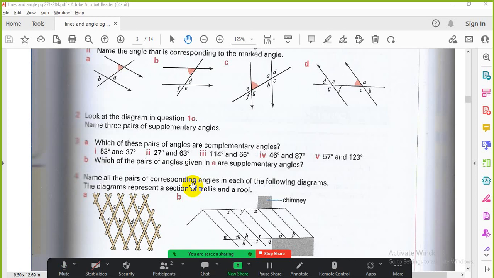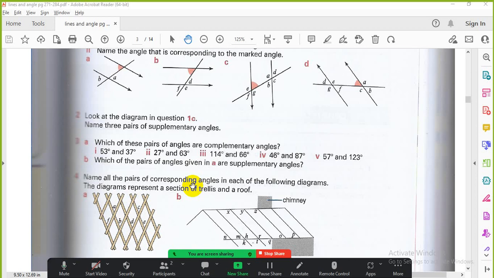Okay, number 2. Number 2 is complementary. That is also complementary. Number 3 is supplementary. Number 4, Roman number 4 also supplementary.